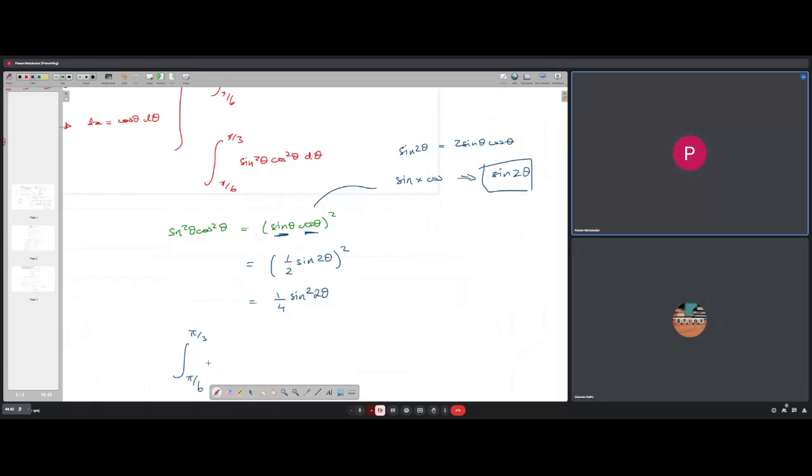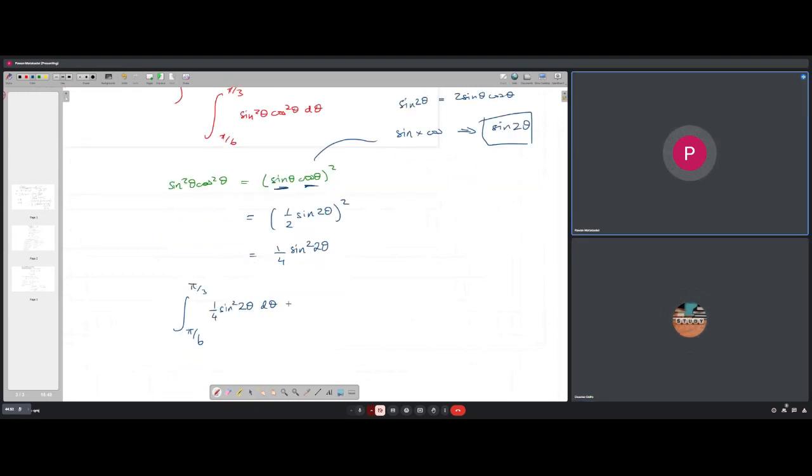But whenever you've got sine squared or cosine squared and you need to integrate that, what do you do? Use cosine 2 theta.